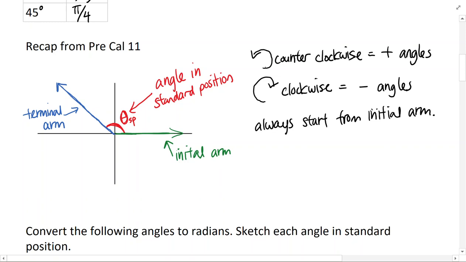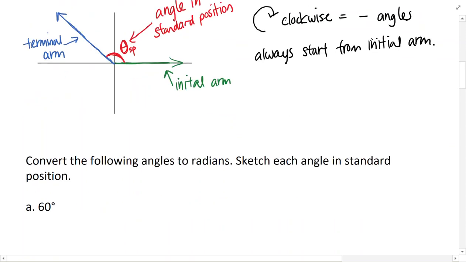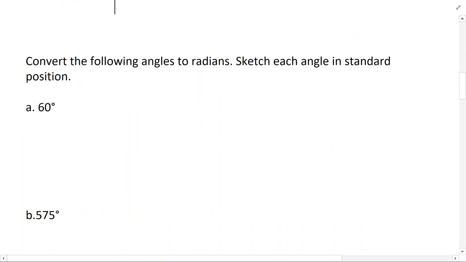Okay. All right. So let's start getting comfortable with this whole radian business. We're going to convert the following angles to radians and sketch each angle in standard position. To go from degrees to radians, usually I like to use a conversion.